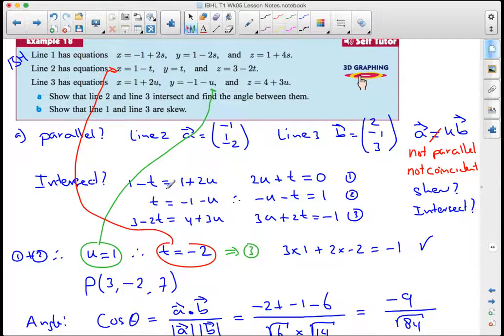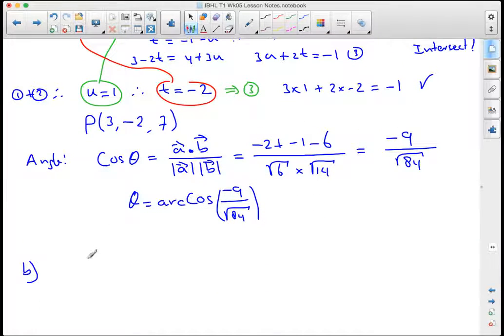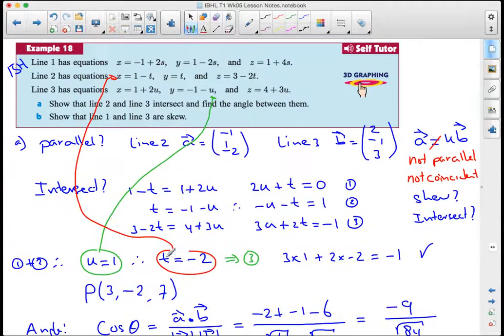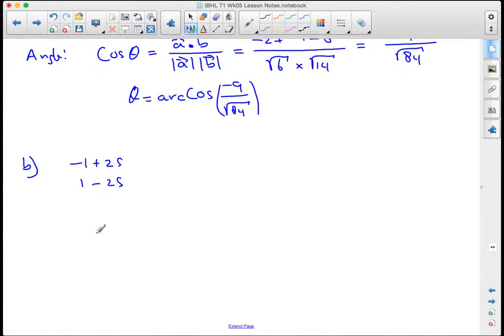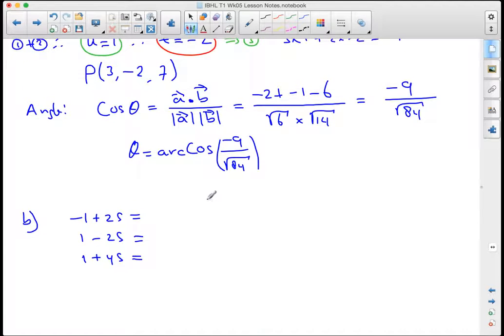Line 1 is -1 plus 2s, 1 take 2s, and 1 plus 4s. The x, y, and z components must match up. So where's my line 3 again?